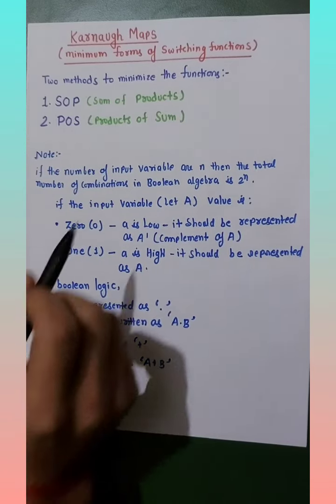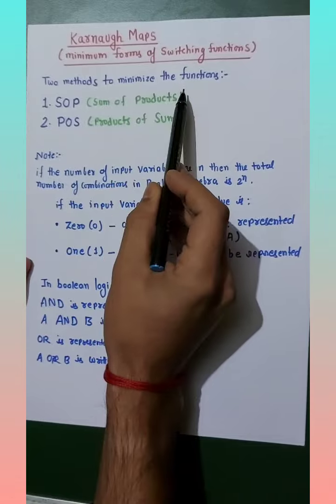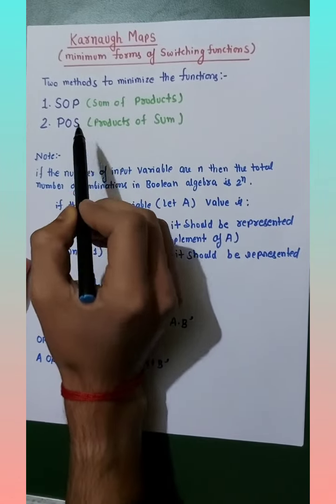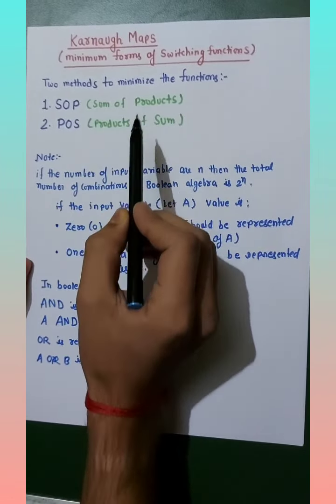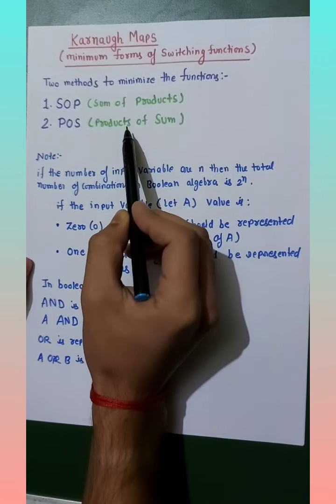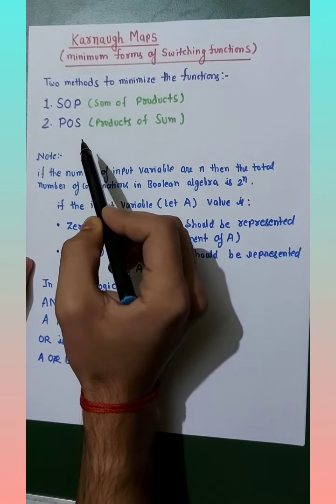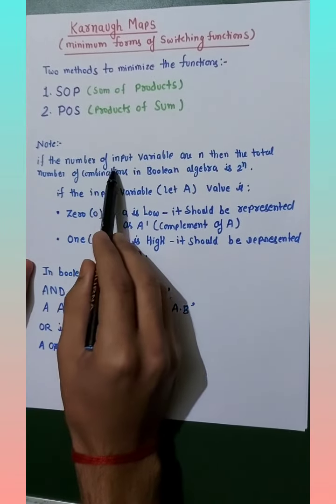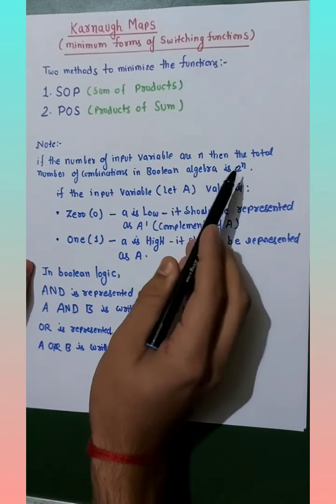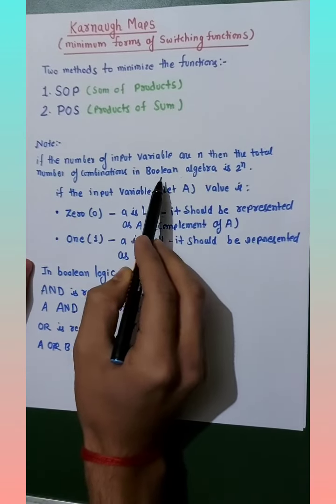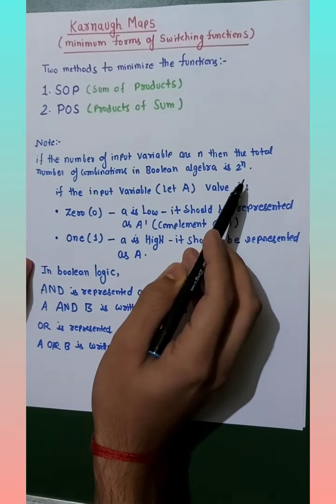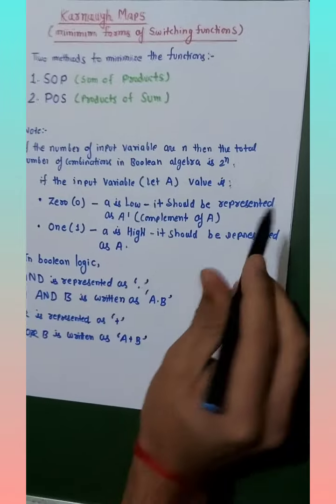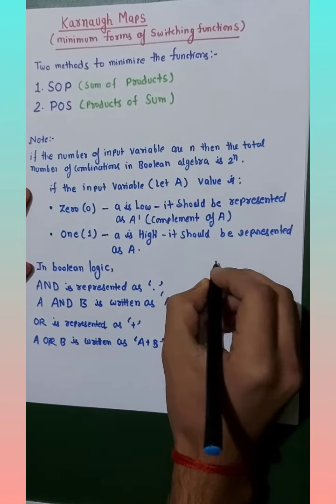For this, we use two methods to minimize the function. First, SOP and then POS, which is sum of products and product of sums. Before going in depth in SOP and POS, first we will see the basics of these. If the number of input variables is n, then the total number of combinations in Boolean algebra is 2 to the power n. What does it mean?